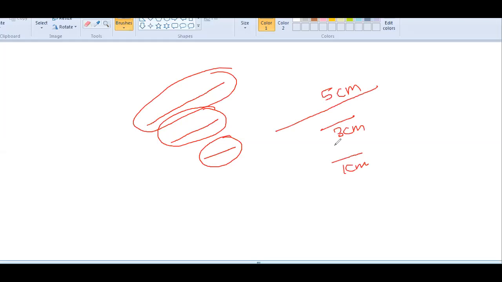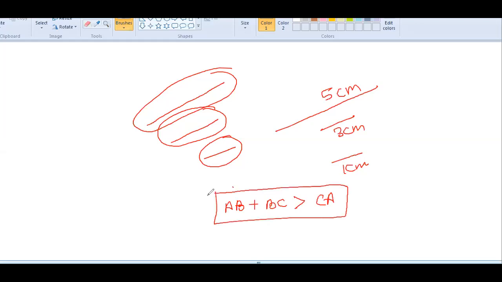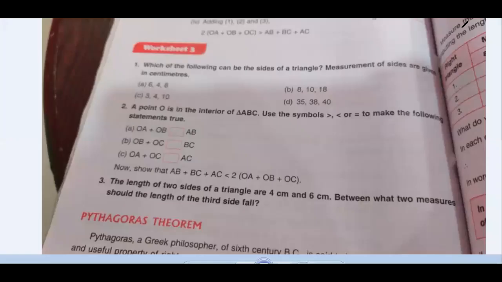It will not be completed, because 3 centimeters and 1 centimeter need to be greater than 5 centimeters. So this is the condition of a triangle: two sides like AB plus BC should be greater than CA, then only we can make a triangle. That is what I'm trying to teach you. So based on that, try the first question.